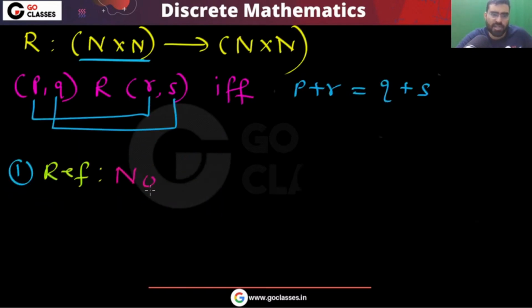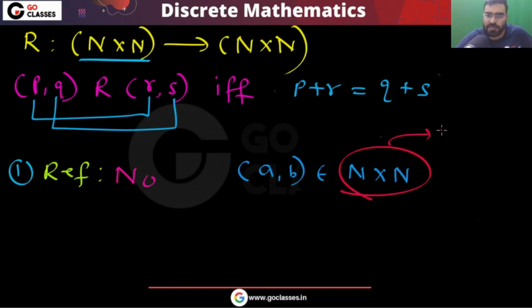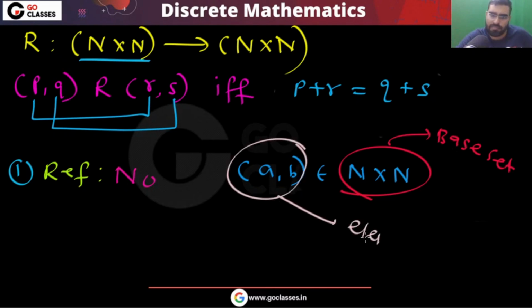The reflexive property is not satisfied, because if you take some element in N cross N, you take (a, b) belonging to N cross N, some element in the base set.